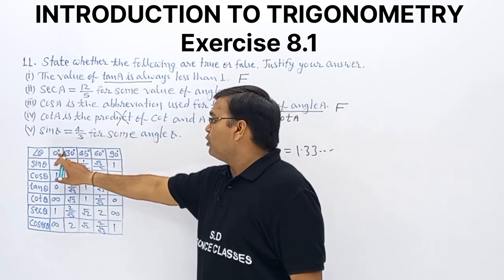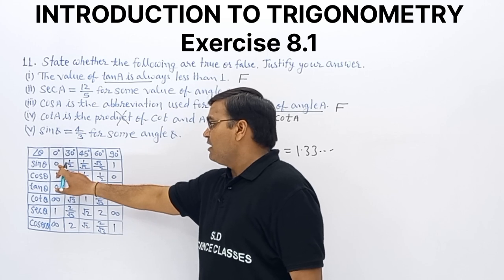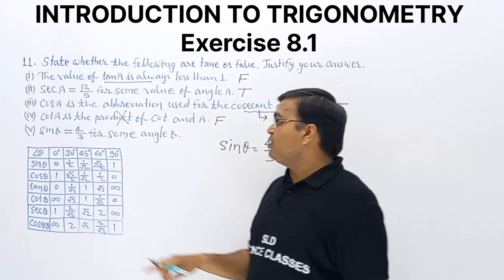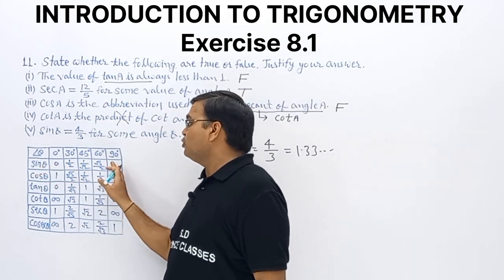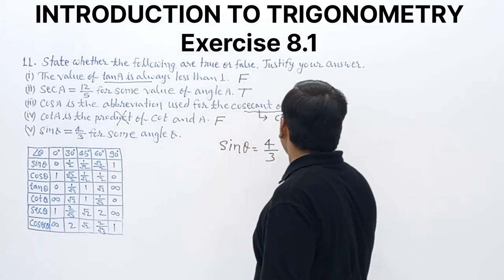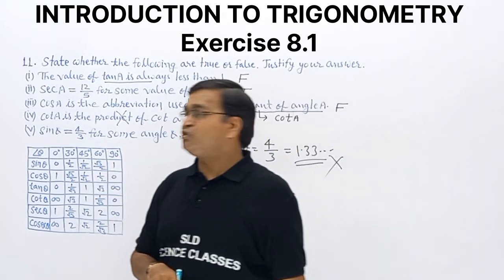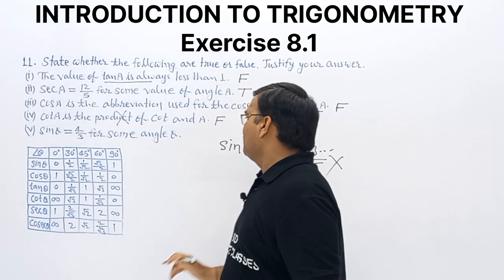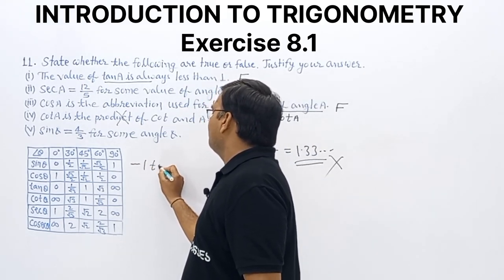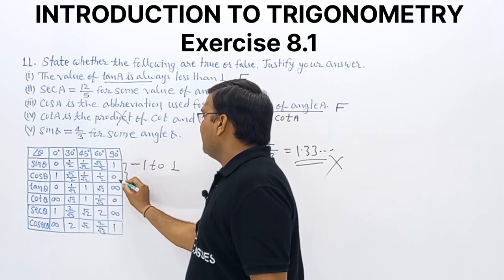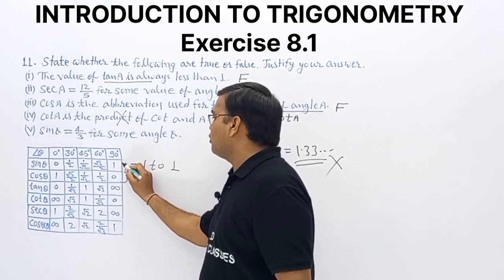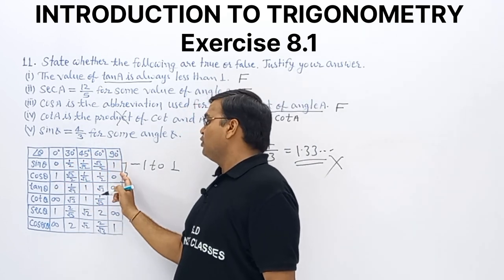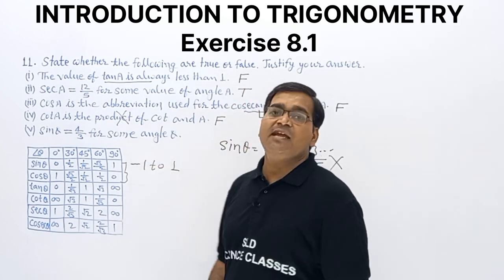Observe the table. For 0 to 90 degrees, sin theta lies between 0 and 1. Sin theta values vary from 0 to 1, and 1.33 is not in between. For sin theta and cos theta, from 0 to 90 we get 0 to 1 and 1 to 0, but for some angles we get negative values also.